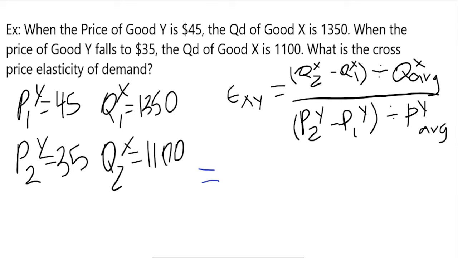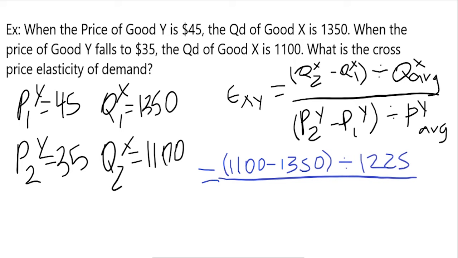So we have Q2, which is 1,100 minus 1,350 divided by the average of the two, which is 1,225, all over 35 minus 45 divided by the average between the two, which is 40.